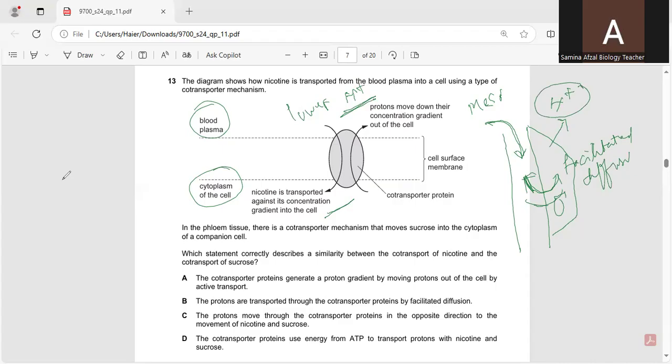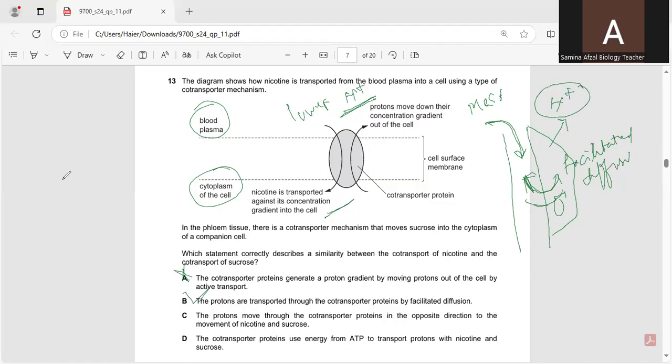The co-transporter proteins generate a proton gradient by moving protons out of the cell by active transport. No, they will not move by active transport. They will move from higher concentration towards lower concentration. The protons are transported through the co-transporter protein by facilitated diffusion, so it can be the correct option.